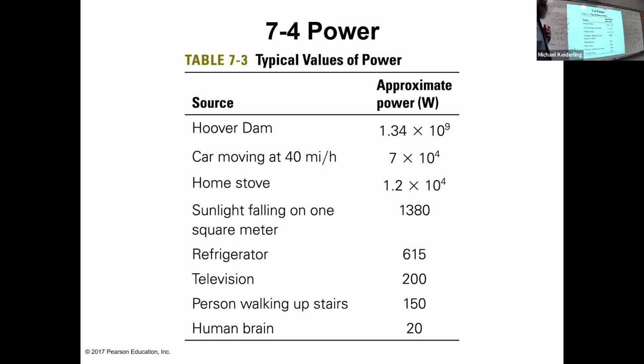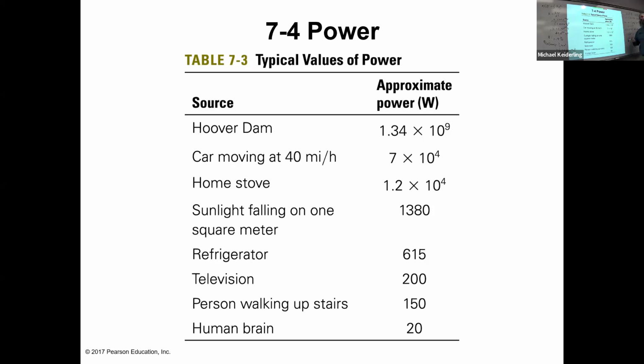But some typical values of power in watts. You may be used to using watts for measuring power on all kinds of electrical stuff, because electrical things are all in SI units, so it's easy to calculate power in watts. For example, the Hoover Dam pumps out about 1.34 times 10 to the 9 watts.